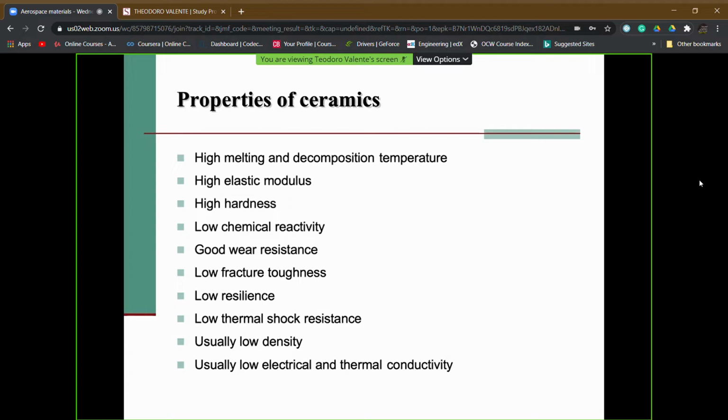Why do we need to specify this? Because if we are thinking of chemical reactivity of any material as the possibility that this material is going to interact with the working environment, that is, for example, going under corrosion phenomena, we must remember that, talking about corrosion of materials, we do have two broad classes of corrosion phenomena.